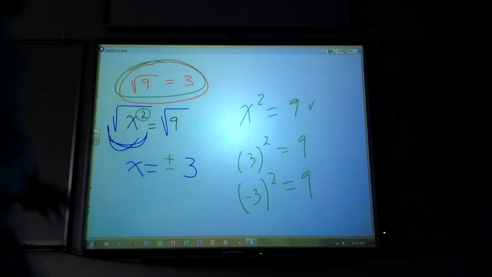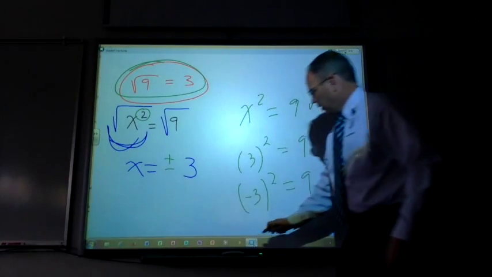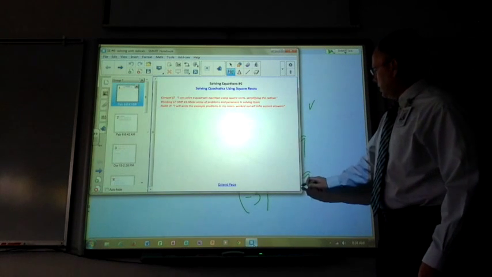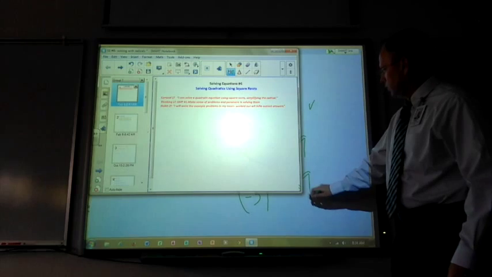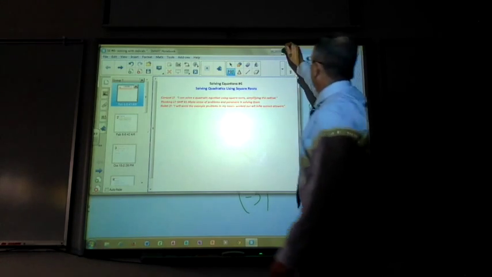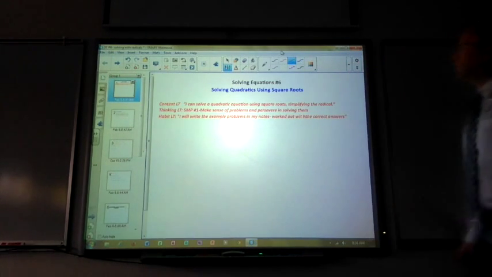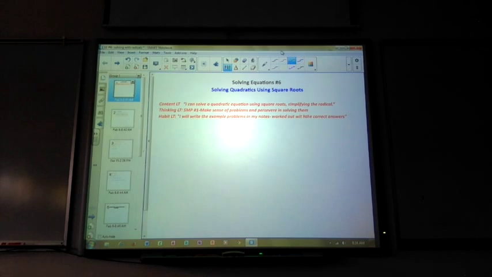Let's go to what our notes say. All right, solving quadratics using square roots. Content literacy: I can solve a quadratic equation using square roots and simplify the radical.